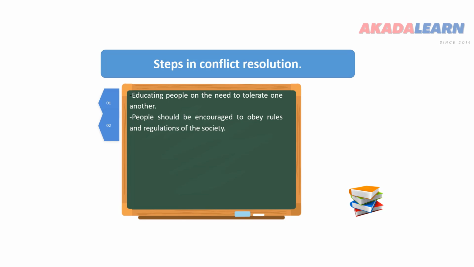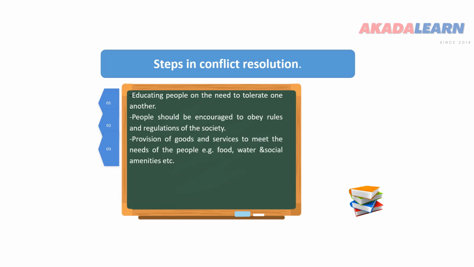There is need for them to obey rules because rules are there for peace to reign in the society. A place where there are no rules, then there is much conflict. So rules should be obeyed, regulations should also be obeyed.